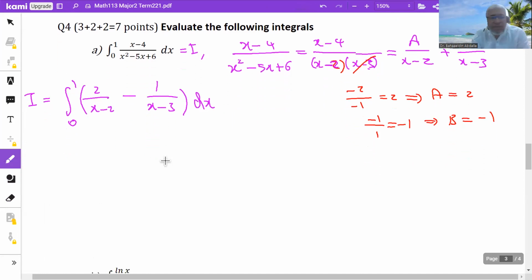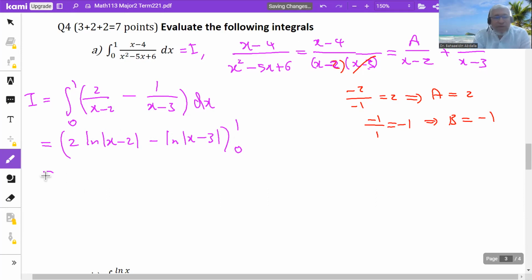And now this integral is easy. 2 is a constant, take it outside. The integral of 1 over x minus 2 is ln absolute value of x minus 2, minus ln absolute value of x minus 3, from 0 to 1.